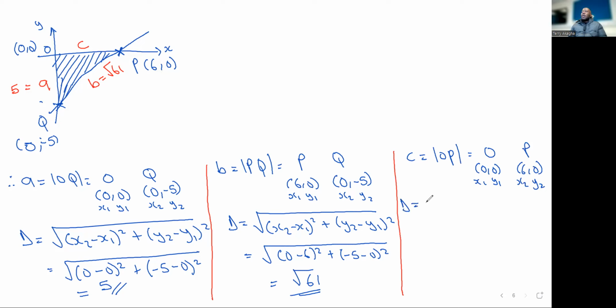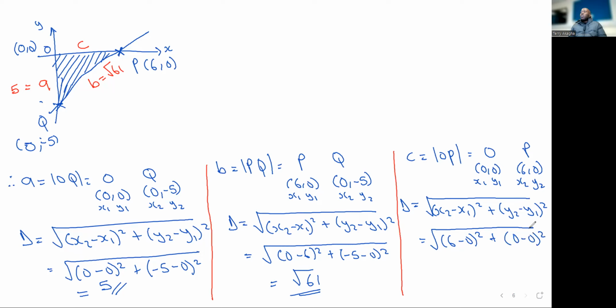So the distance now will be equal to the square root of x2 minus x1 squared plus y2 minus y1 all squared. So that will be equal to the square root of 6 minus 0 all squared plus 0 minus 0 squared. And this will give you 36. Square root of 36 will give you 6. So that means the distance of OP is equal to 6.